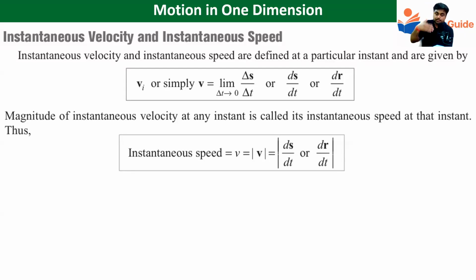And the individual speeds during the course of the travel, when we are traveling from A to B at different points, that is known as instantaneous speed. Now, that instantaneous speed is also calculated by distance over time only, but the distance should be very small.